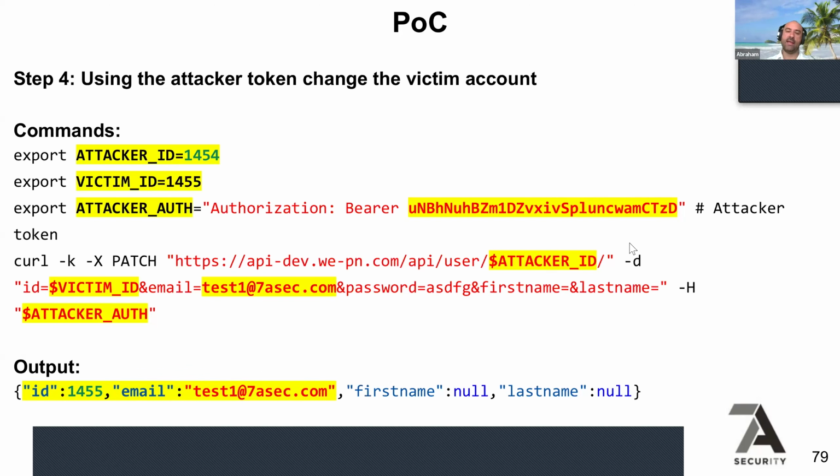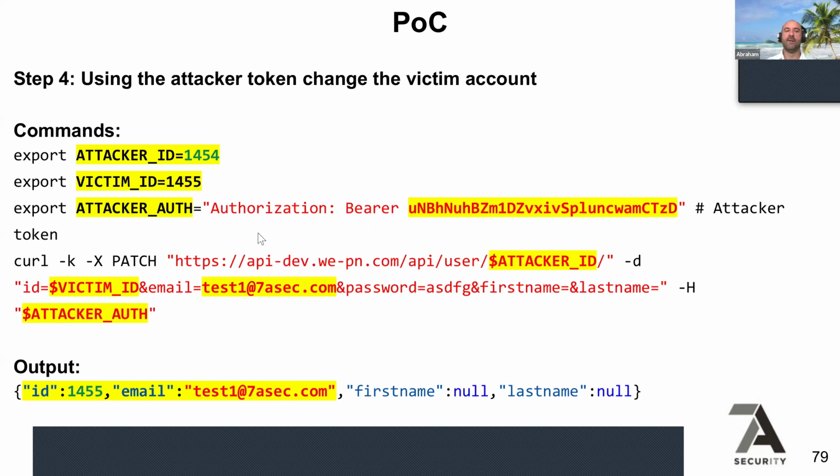Whereas when the final endpoint retrieves the data from the post request, it's taking the ID for the victim, which is a different user, right? The victim user. And then normally, in most frameworks, post is going to have more precedence over get. So this victim ID is going to override the attacker ID.